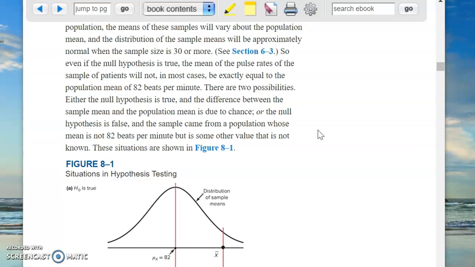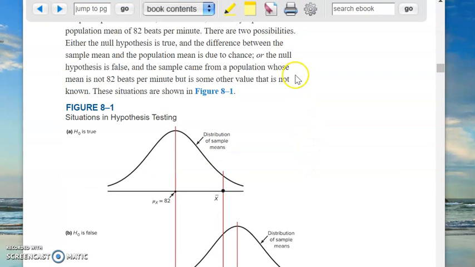Any difference is strictly due to chance. If the x bar is different from what we expected, no big deal. It's just a matter of chance. Or the other possibility: the null hypothesis is false. The alternative hypothesis is what's going on. The sample came from a population whose mean is not 82 beats per minute, but is some other value. Unfortunately, we don't know what it is.